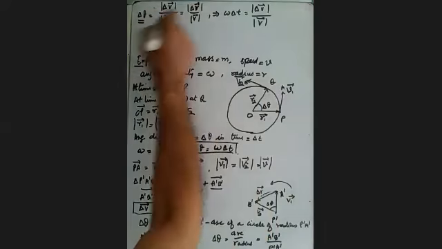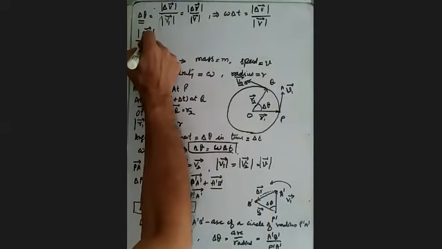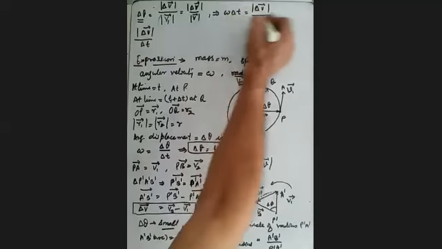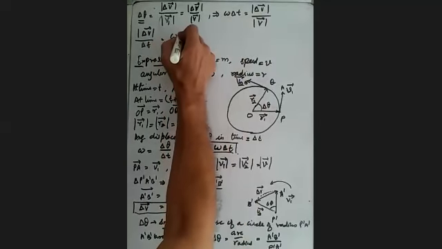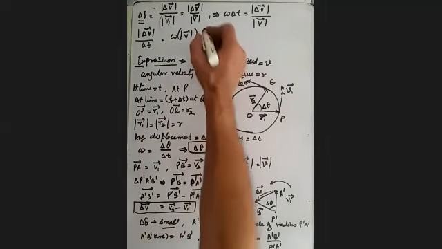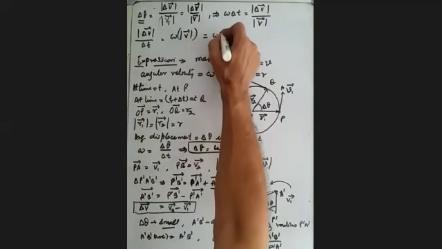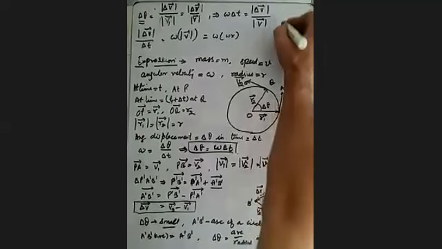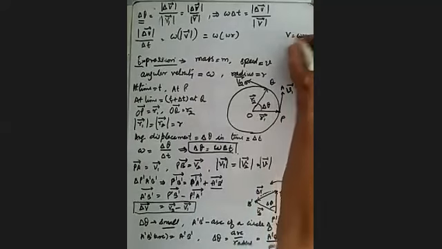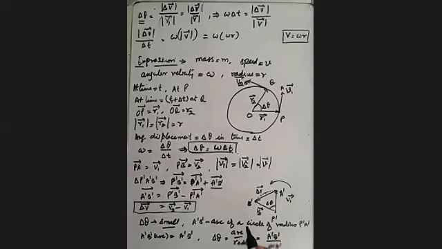So on rearrangement, delta v divided by delta t is equal to omega v. And what is v? This is equal to omega r. So omega into omega r. We already know v is equal to omega r, or omega is equal to v upon r.